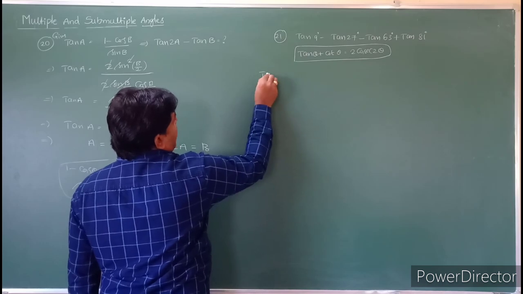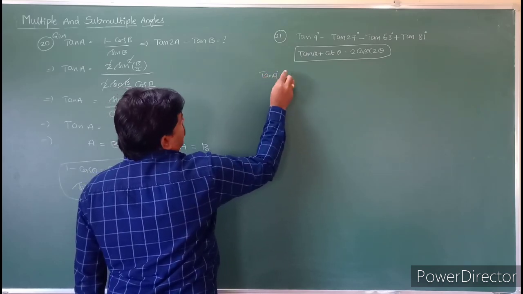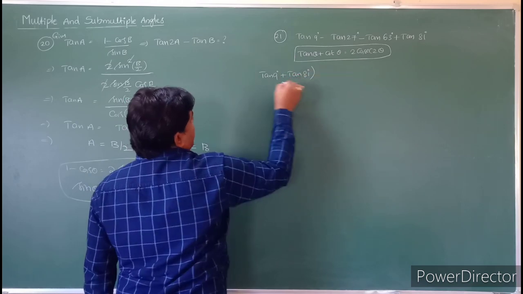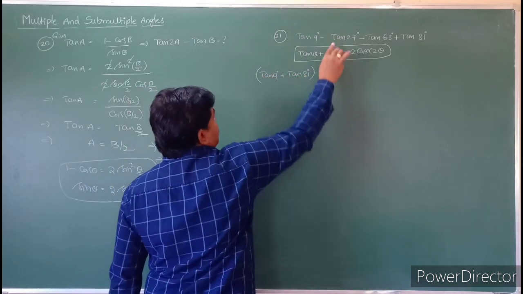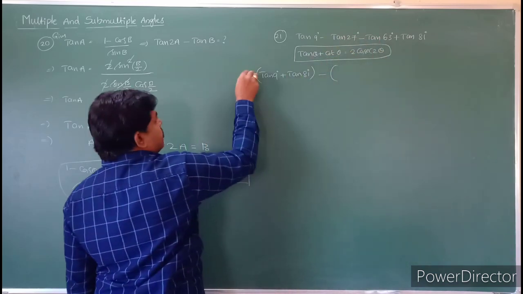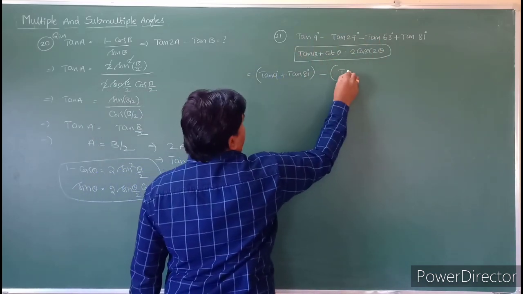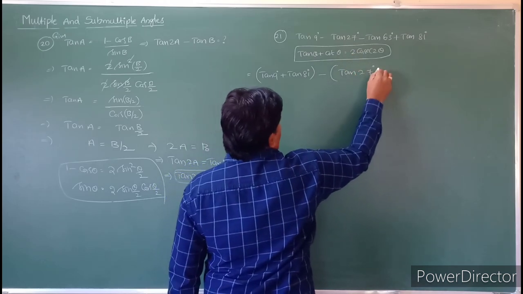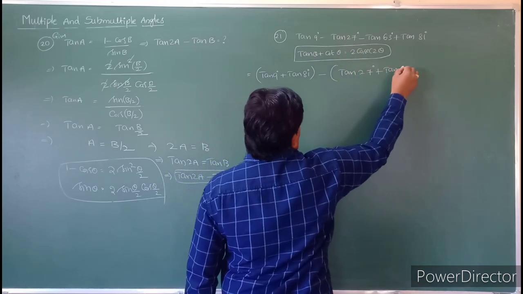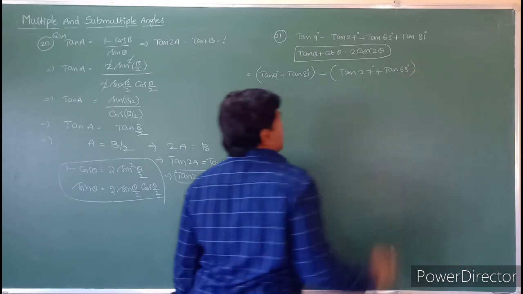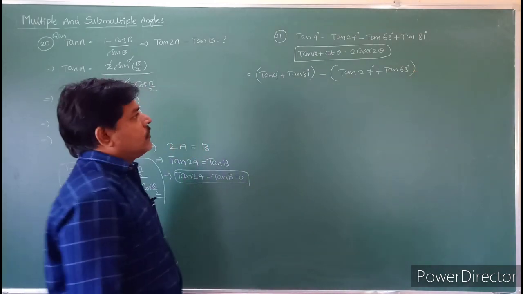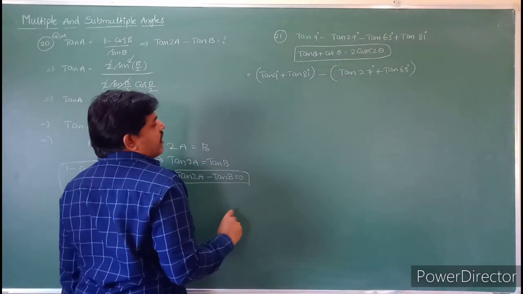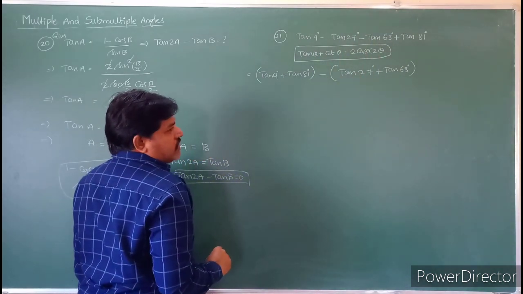So see this one. So what I will do is tan 9 degrees plus tan 81 degrees, minus tan 27 degrees plus tan 63 degrees. I am taking these two terms and taking the minus common from them. So you get tan 27 degrees plus tan 63 degrees.